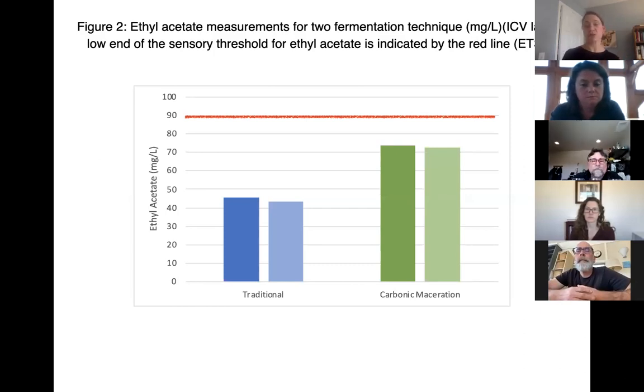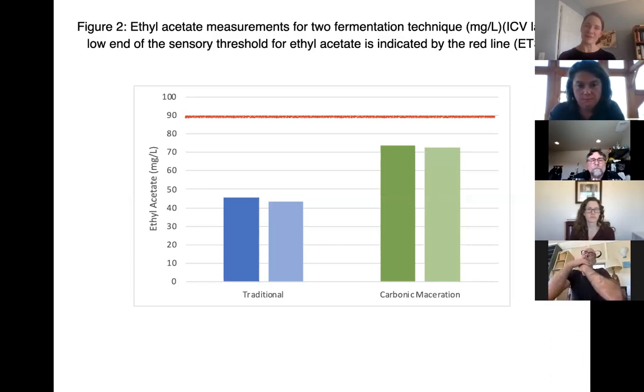In this case, we do have a little bit higher ethyl acetate in the carbonic versus the traditional. But the other thing to remember with ethyl acetate is that the detection threshold as a spoilage character is between 90 and 150 milligrams per liter, depending on the wine environment. So any ethyl acetate that Kirsty has here is really well below that number.